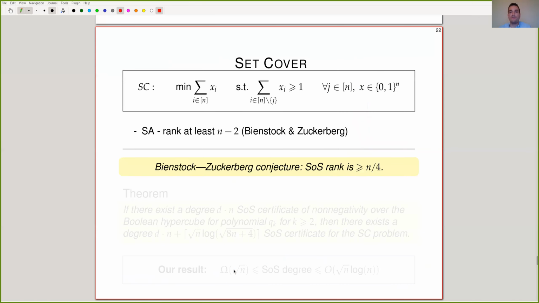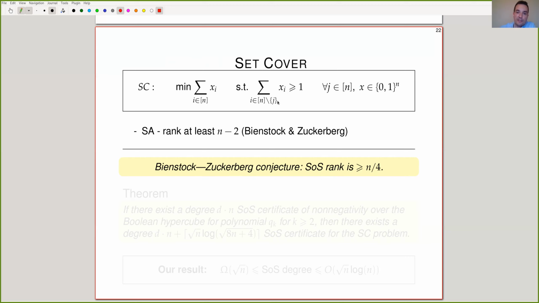I have a few minutes left, so I would like to tell you something more about some applications of the theorem we proved. The first one is proving the sum of squares degree to certify an instance of the set cover problem. In this case, we minimize the summation of variables subject to those constraints.